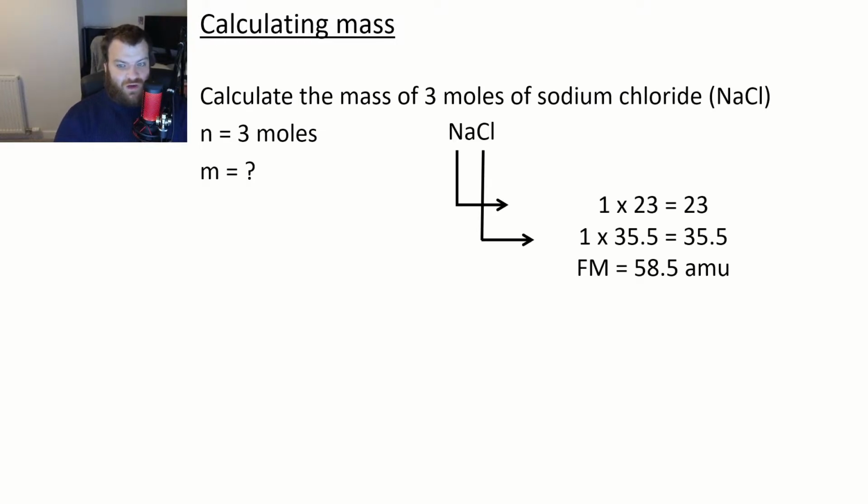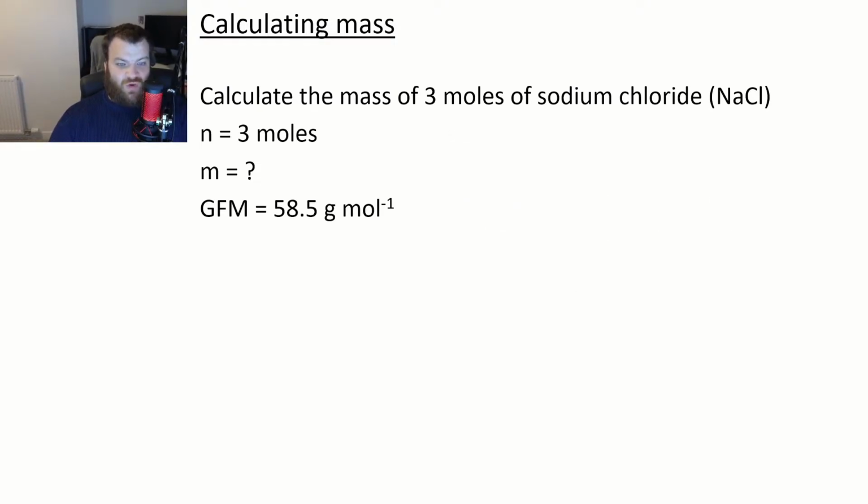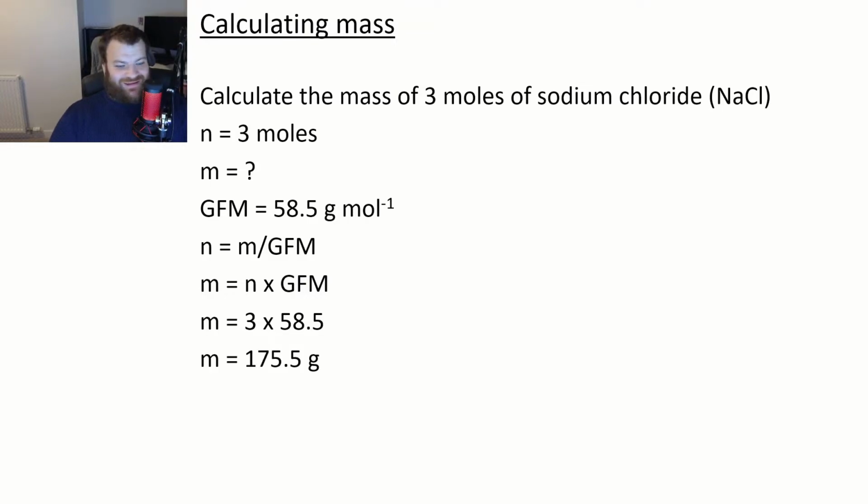We have 1 sodium, 1 chlorine, giving us a formula mass of 58.5 atomic mass units, which also means that our GFM would be 58.5 grams per mole. If n equals m divided by GFM, we're going to rearrange this to give us m equals n times GFM, plug in our numbers of 3 times 58.5, which gives us an answer of 175.5 grams.